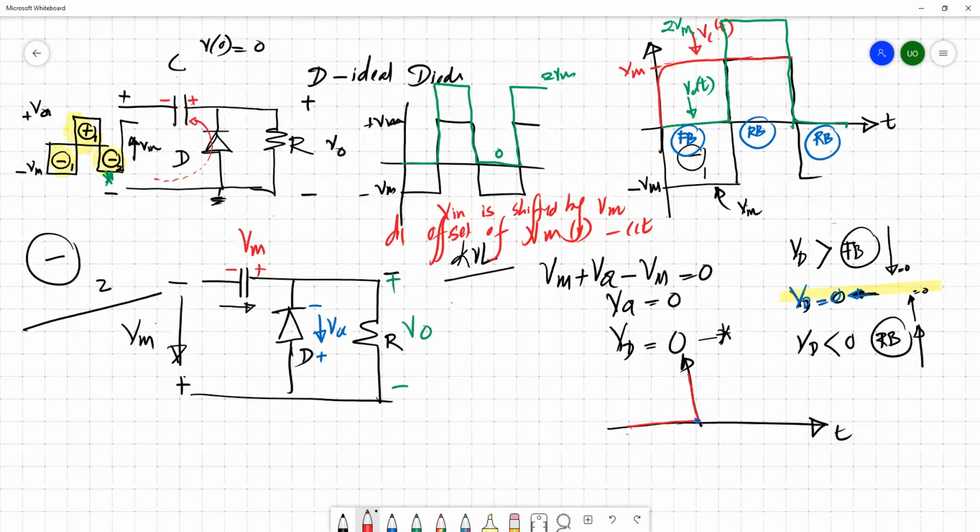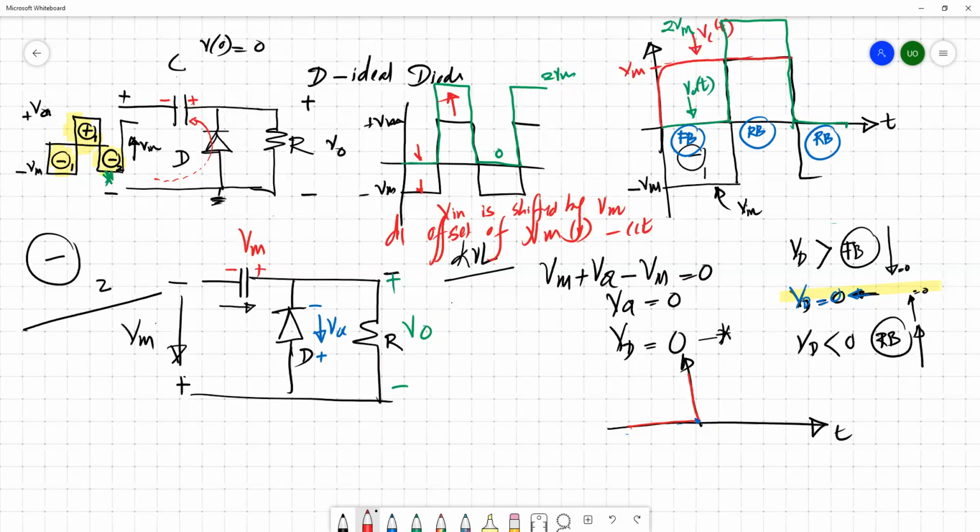So we basically observe the output as a DC offset of the input, or a shifted version of the input by plus Vm. Then minus Vm is shifted to 0 and Vm is shifted to 2Vm. So that's why we simply say that this is a clamper.